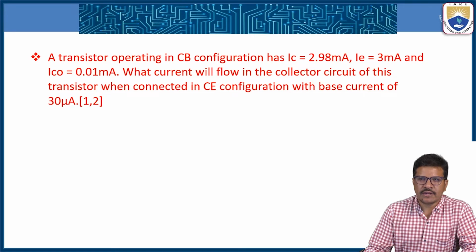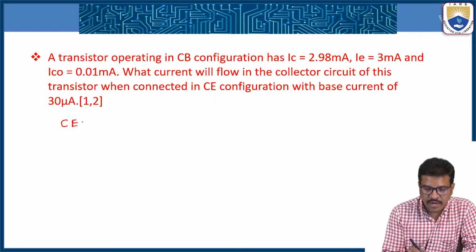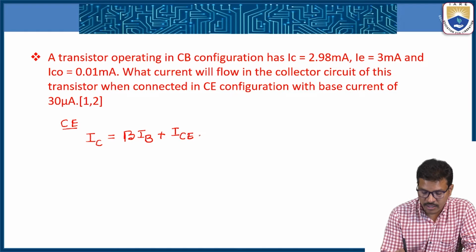So let us see, when a particular transistor is in common base, common emitter, or common collector, how to solve the problems. Basically, we know that when the transistor is connected in common emitter configuration, the output collector current IC is equal to beta IB plus ICE naught.